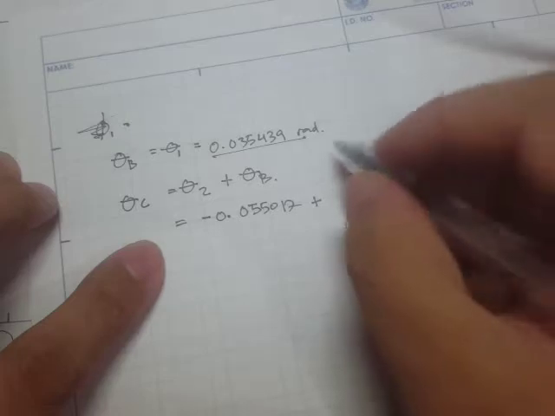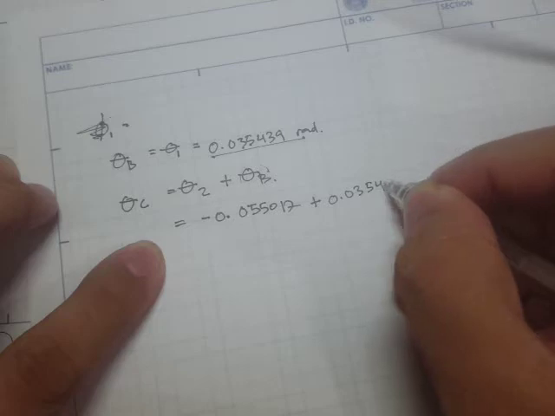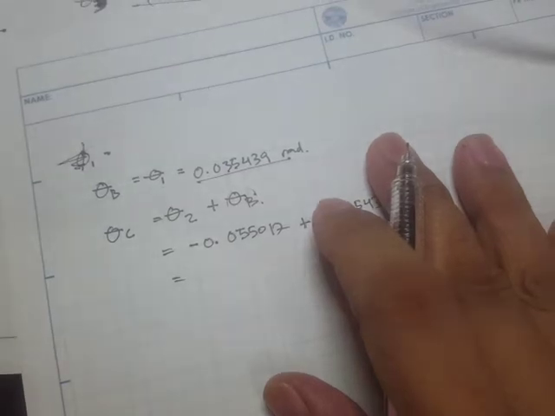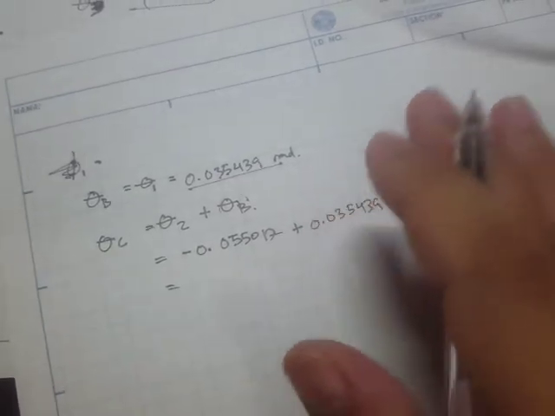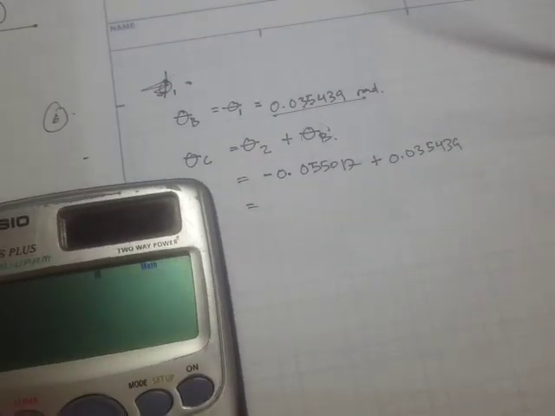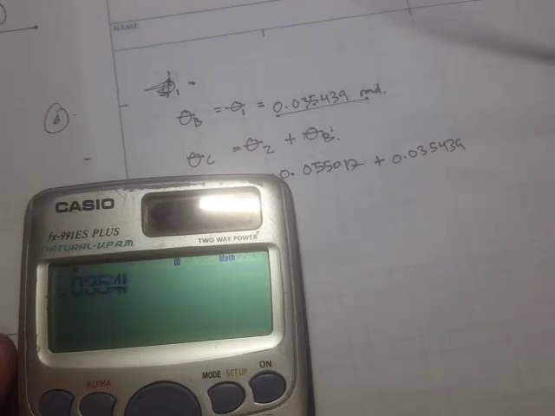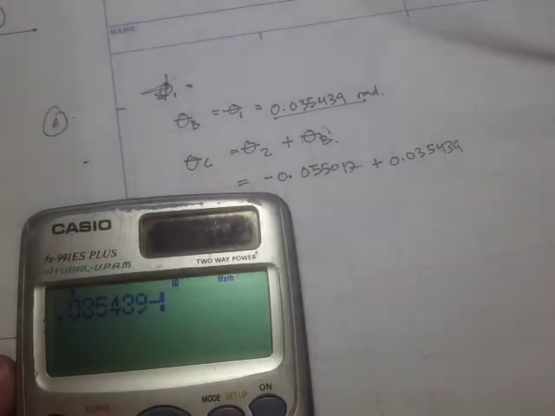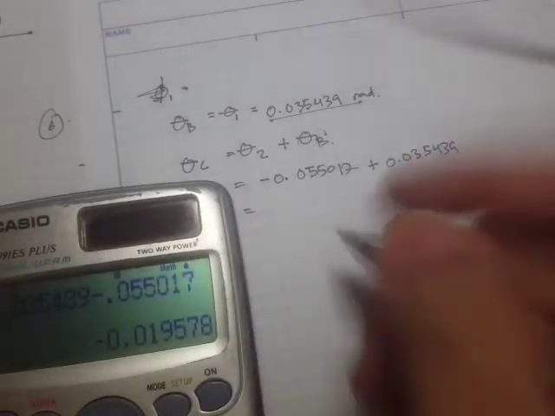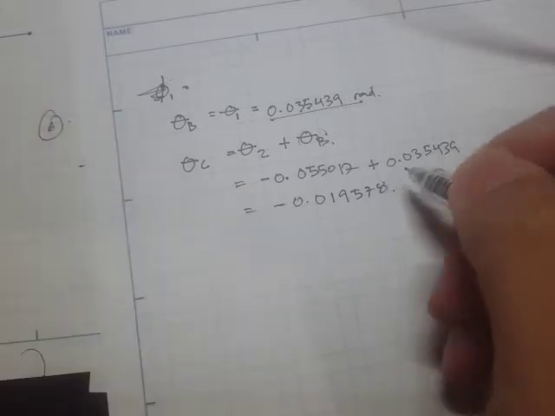Okay, plus this one, 0.035439 radians. Then if we compute this, 0.035439 minus 0.055017, what we get is negative 0.019578, right?